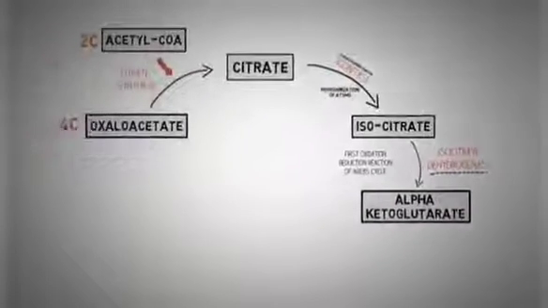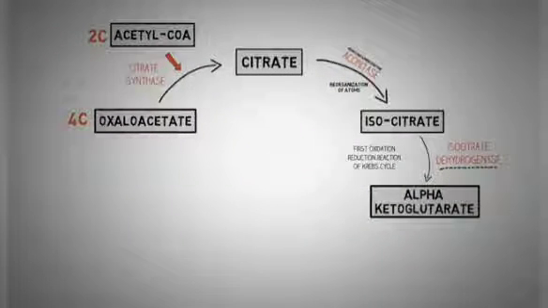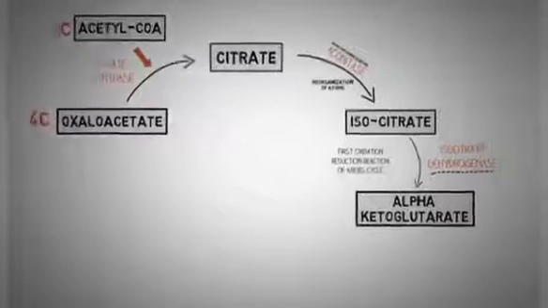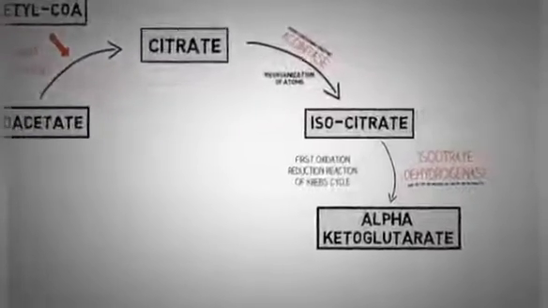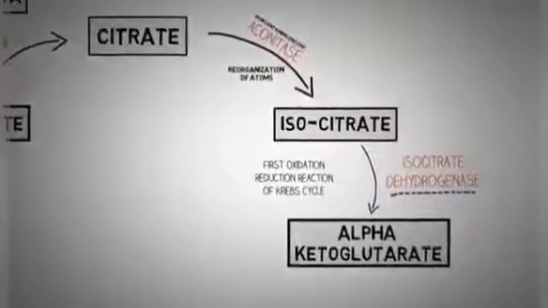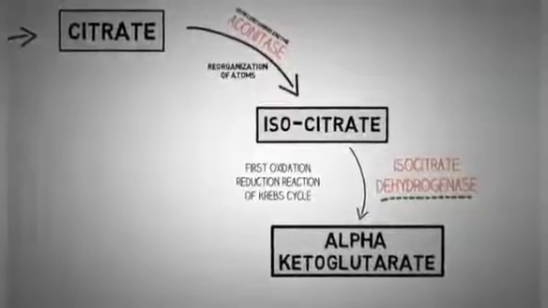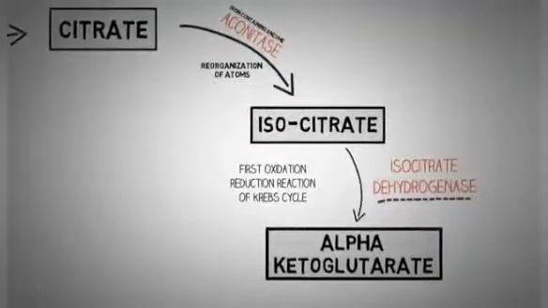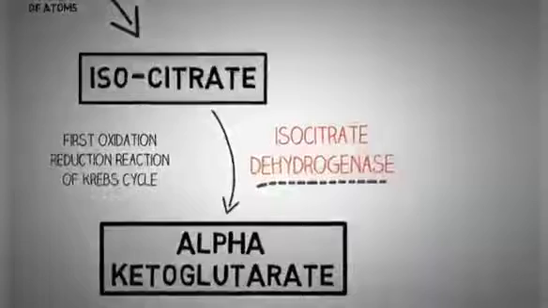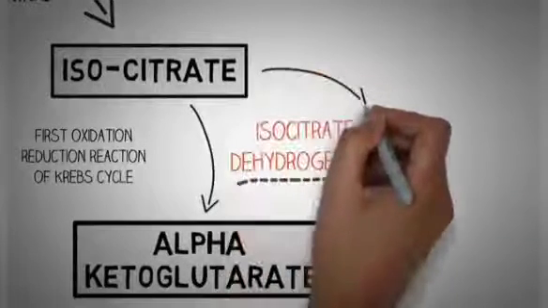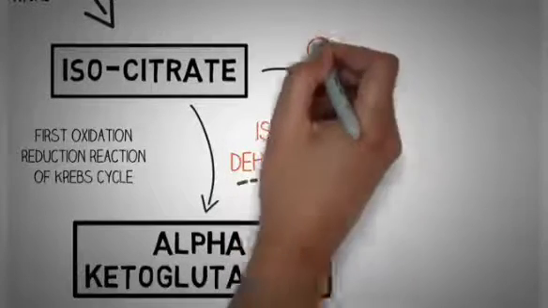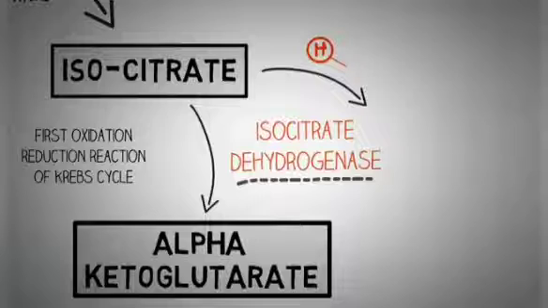So coming back to our Krebs cycle, we reached a point where isocitrate will now be acted upon by the enzyme isocitrate dehydrogenase. So let's look at what happens in this reaction. This is actually a 2-step reaction in which the enzyme isocitrate dehydrogenase first removes hydrogen from isocitrate, thus oxidizing it.